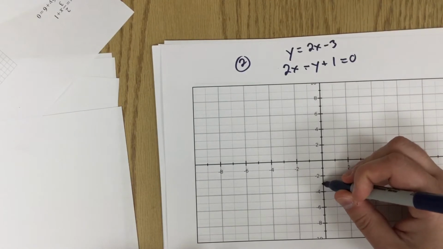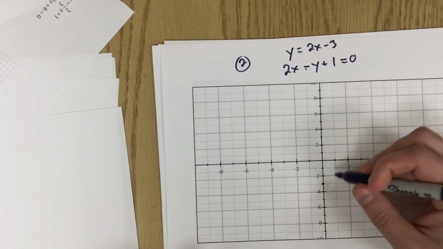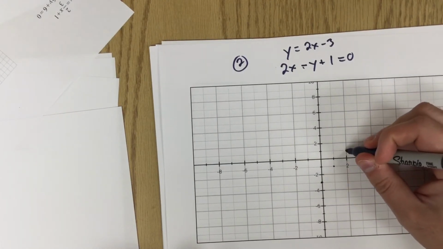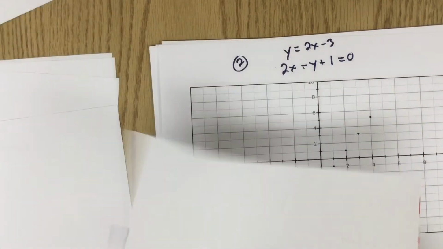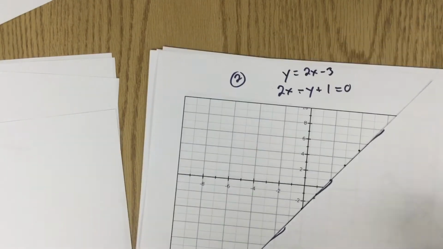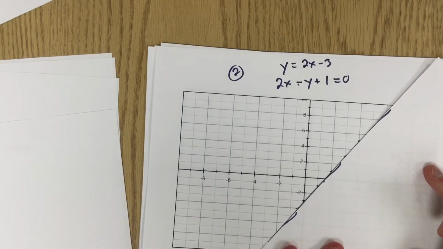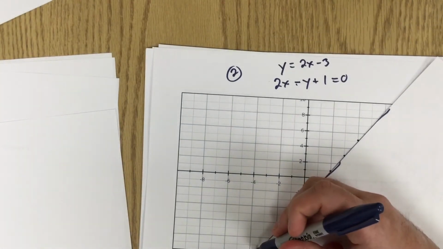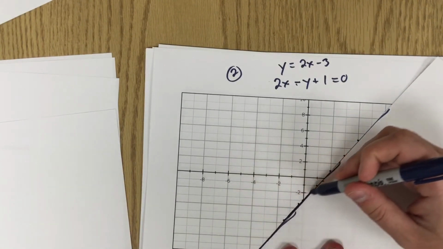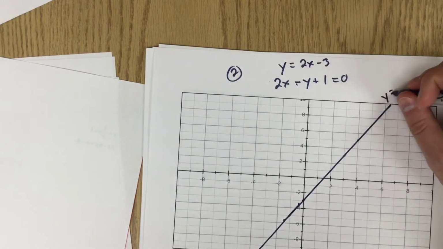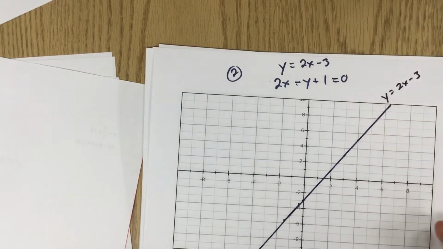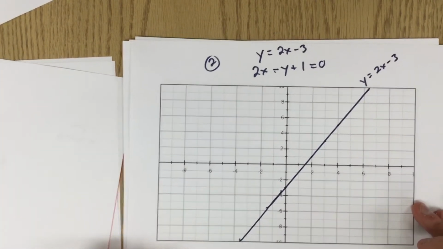I start off at minus 3, and I go up like that. And I make my line. And this is the line y equals 2x minus 3. So there we go.